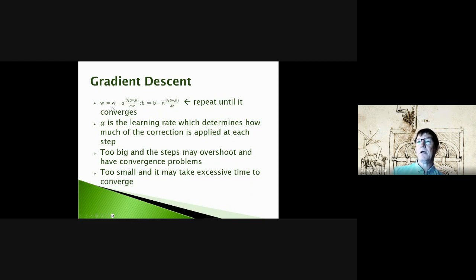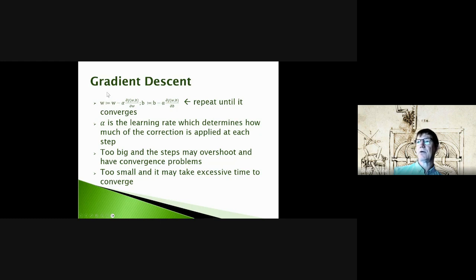So we're going to take our existing or our prior weights, and we're going to now take this cost function and take that partial derivative with respect to our weights, and that's going to give us a value, and we're going to multiply that by this learning rate and update our weights. Okay, and we're going to do the same for the biases, right? So all these different partial derivatives, updating each of the weights and each of the biases, right?